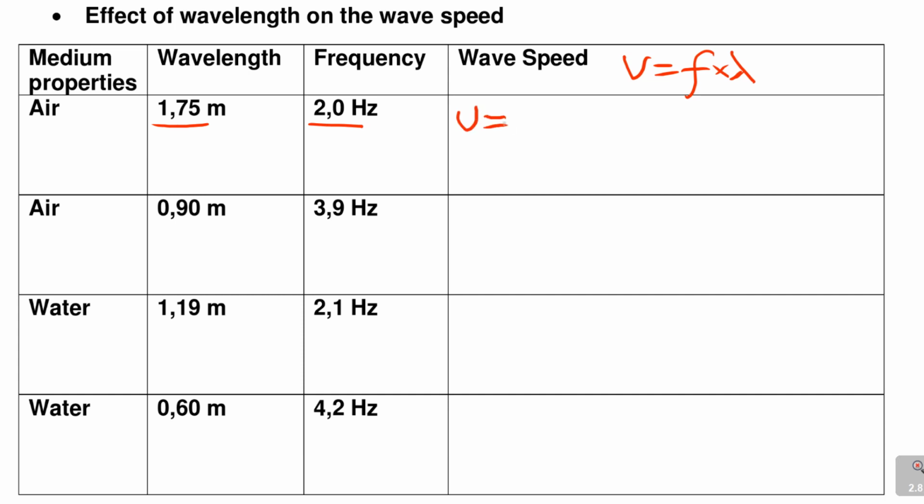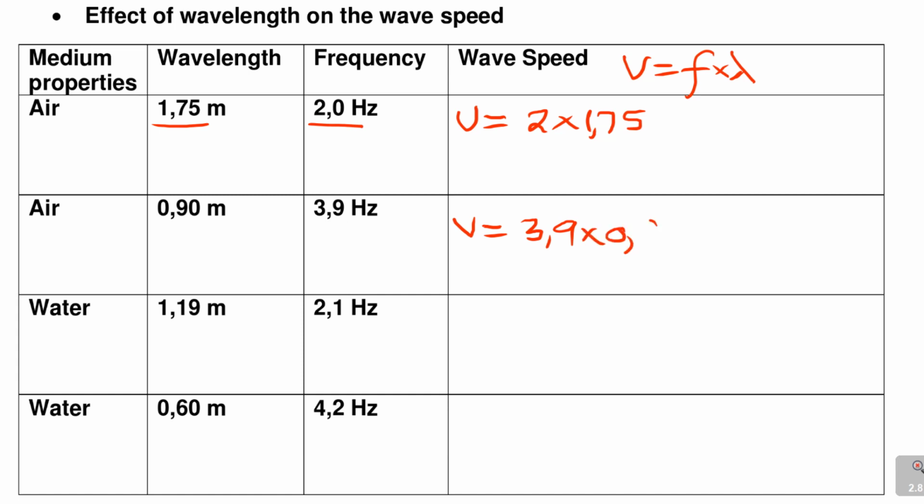So v here is f times lambda, which is 2 times 1,75, and on this side v is frequency 3,9 times 0,9. It doesn't matter if you say 0,9 times 3,9, it is the same.